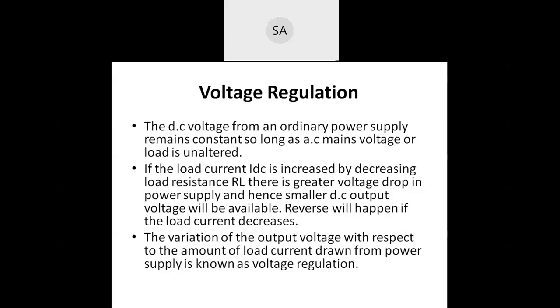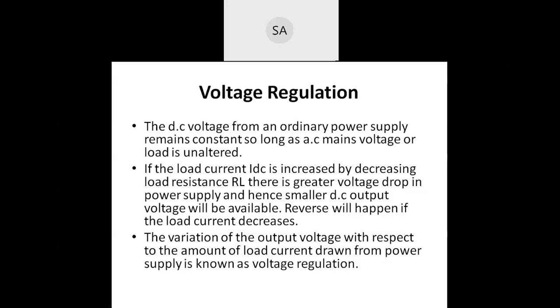So to maintain a constant voltage, if the load current is increasing, the load resistance should decrease. As mentioned here, if the load current IDC is increased by decreasing the load resistance RL, there is a greater voltage drop in the power supply and hence a smaller DC output voltage will be available. The reverse will happen if the load current decreases.